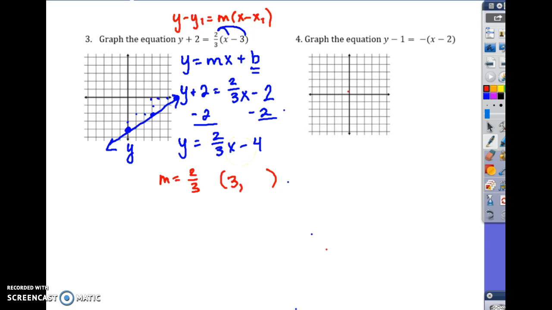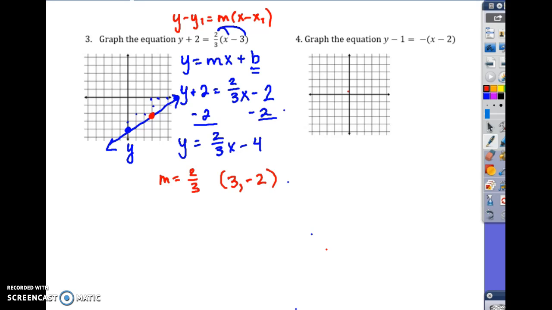And the y value would be y minus a -2, which would give me y plus 2. So it's actually the opposite. This is plus 2, so it would become -2 for your y, and positive 3 for your x. So if I start at 3, -2, let's go 1, 2, 3, -2, there's the point, and notice it's right there on the line. It's the same line, it's just another way to approach it.